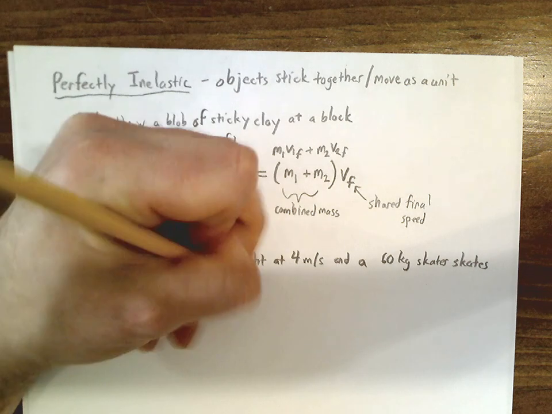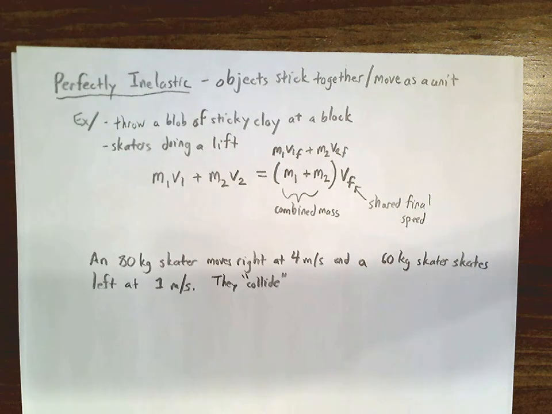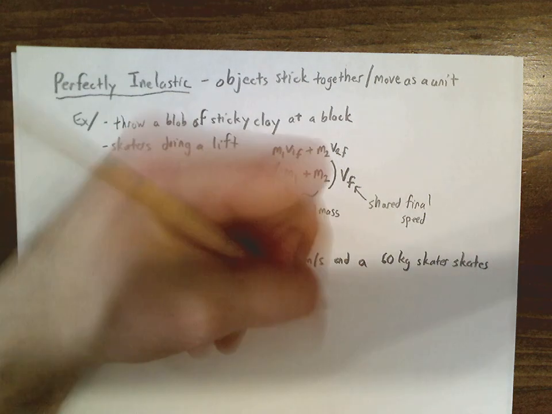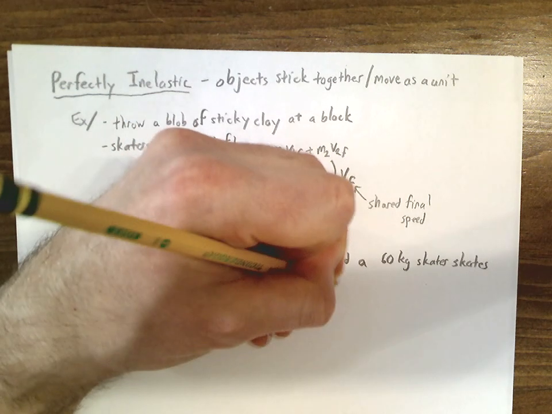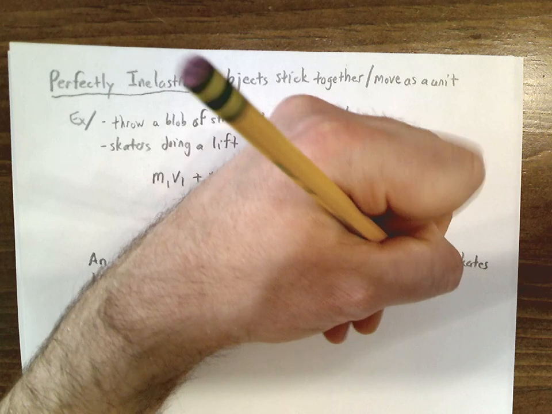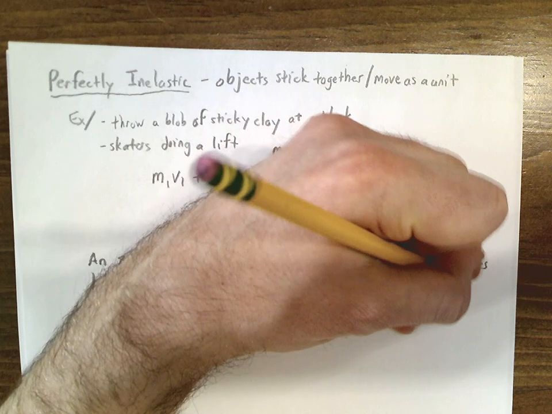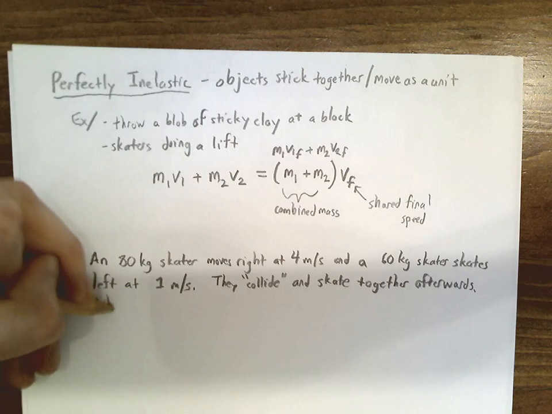They collide, quote unquote, hopefully not injury. We're using that just to mean they interact with each other and skate together afterwards. What is the final speed?